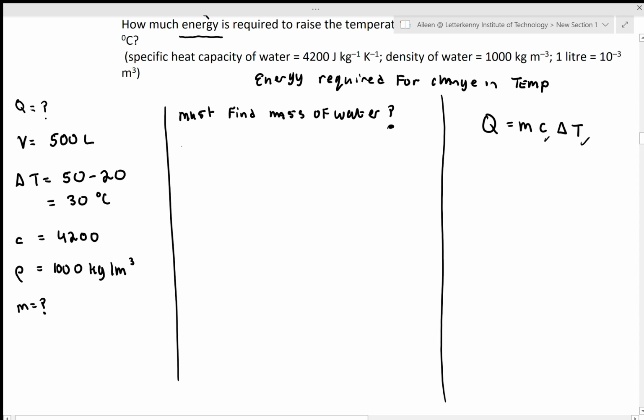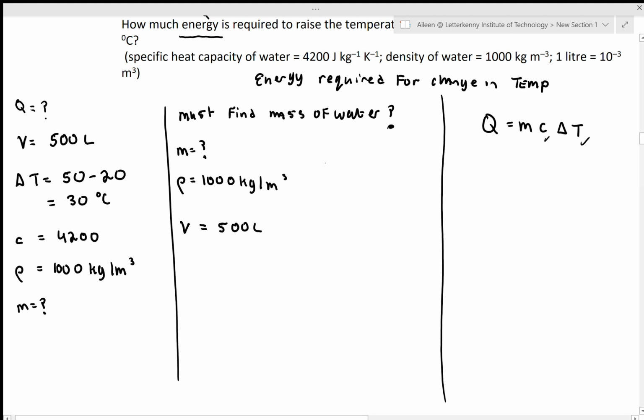Well, I'm told that the density is 1,000 kilograms per meters cubed, and I'm told the volume is equal to 500 litres. Do I have an equation that links mass, density, and volume? Yes, I do.